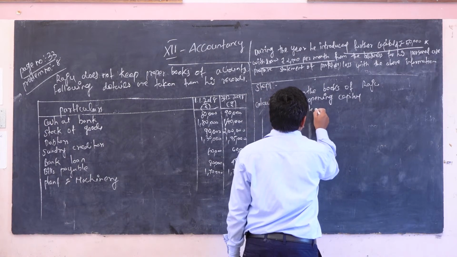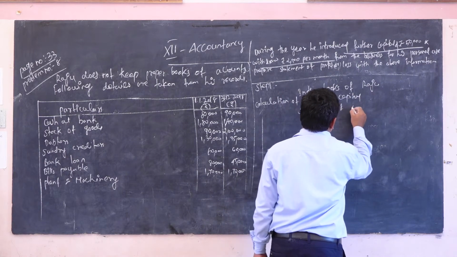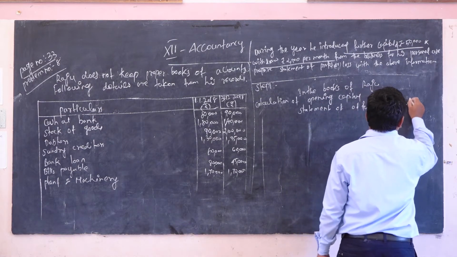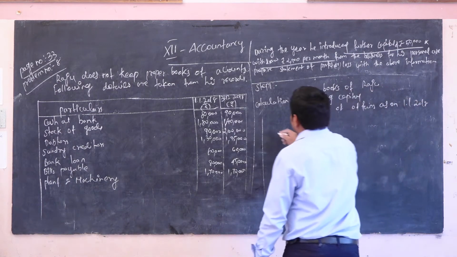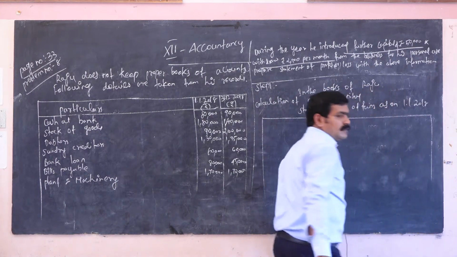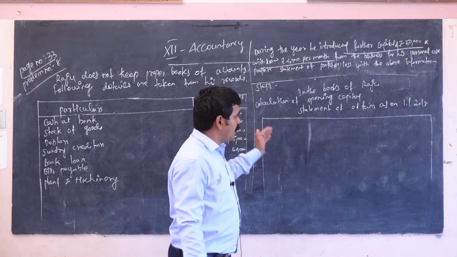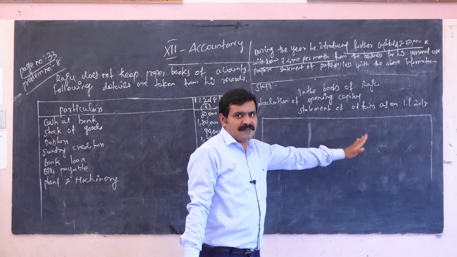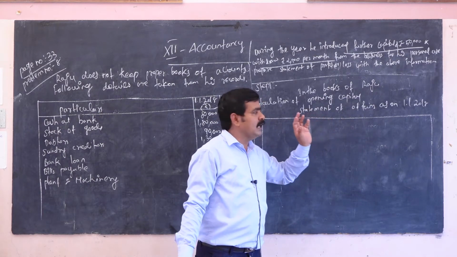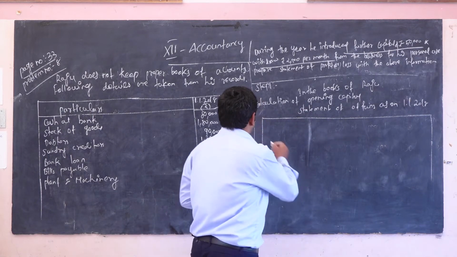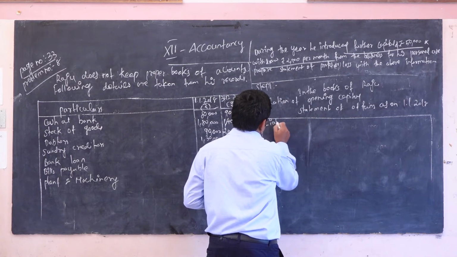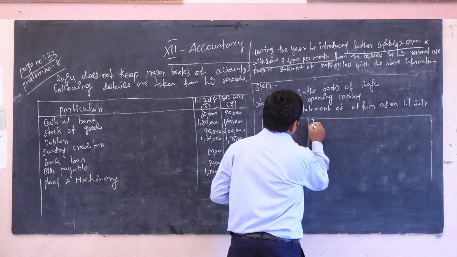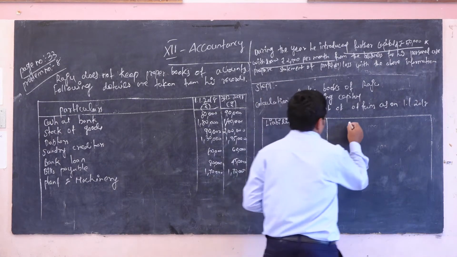Statement of affairs as on 1/1/2018. The affairs is nothing but, in the single entry system, you have to calculate the opening balance sheet. Here the name is statement of affairs, but all the information and the concept are the same. Okay, so liabilities, assets.